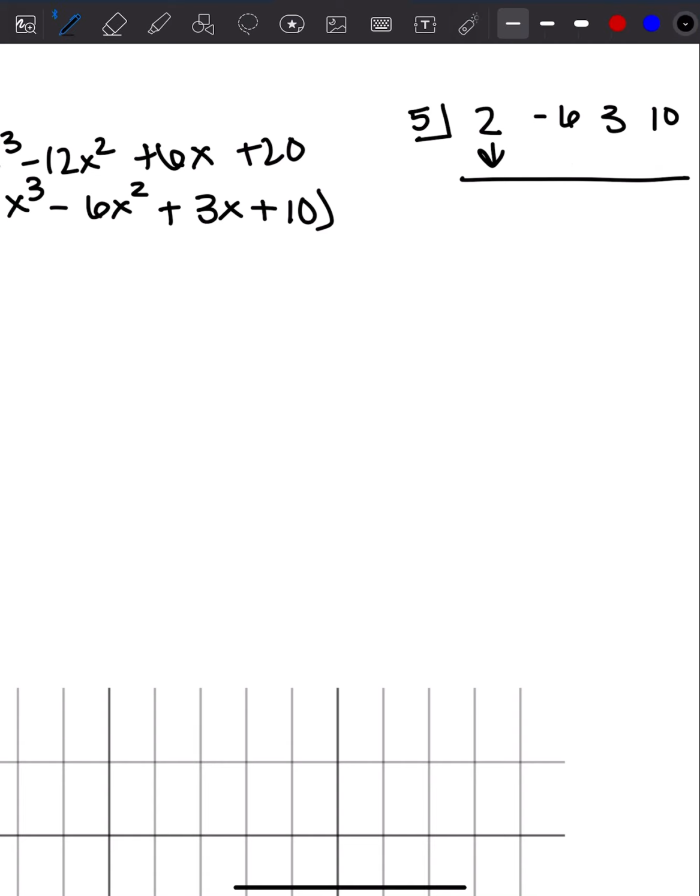So the next thing I might try would be 5. So 2 times 5 is 10. 10 minus 6 is 4. 4 times 5 is 20. That gives us 23. 23 times 5, not going to work. So then we might try negative 5.